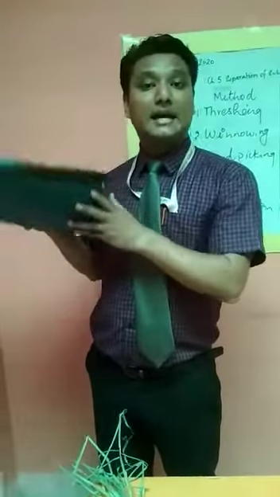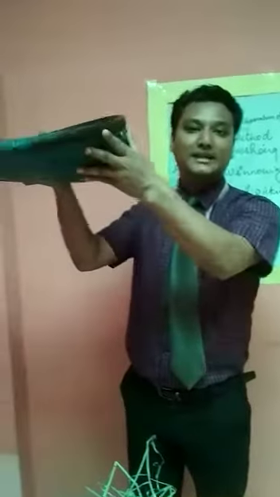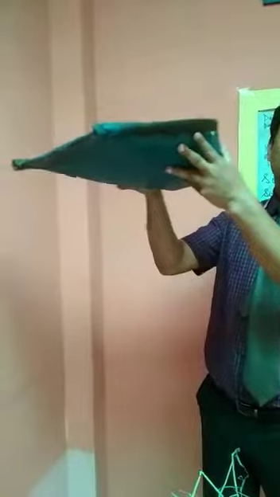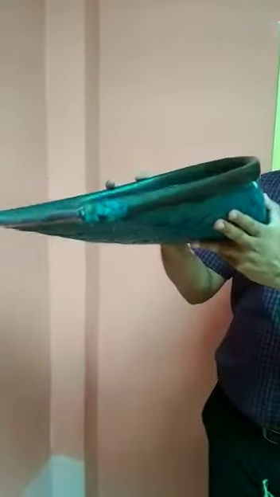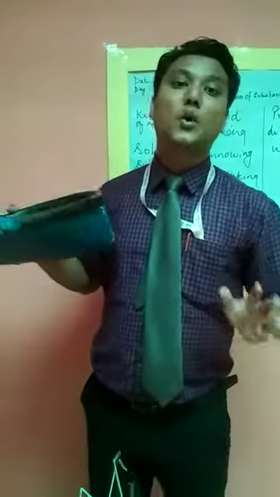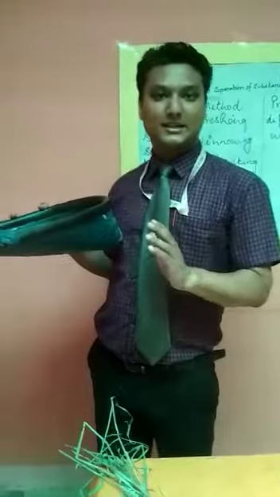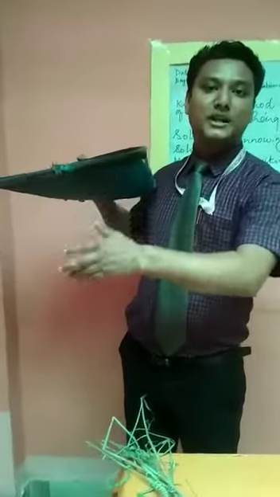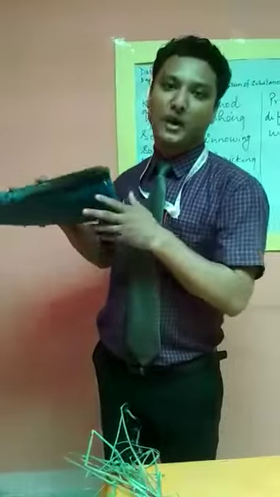One is lighter in weight and one is a little heavier. When winnowing is done, these components are separated. The lighter components go away with the wind and the heavier components are collected at one place. So this is called the winnowing process. The principle is difference in weight.